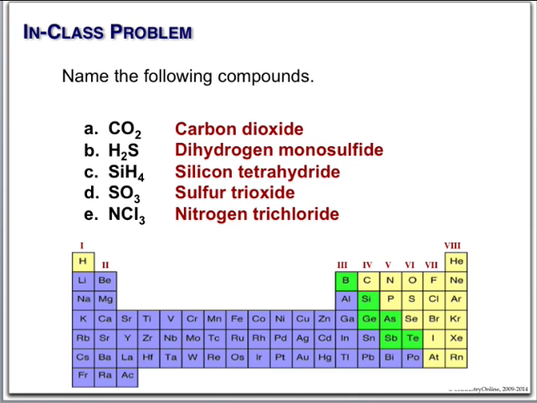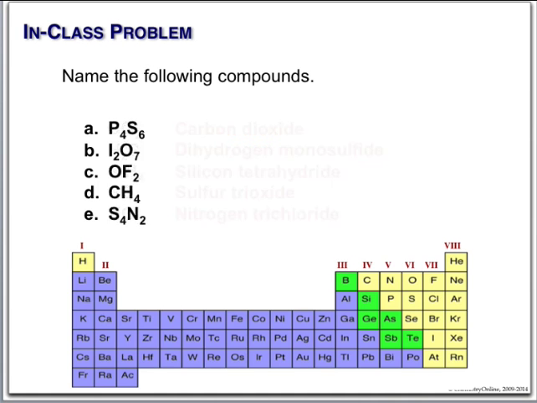Now you have to remember, let's go ahead and do another set. I've got another set here. Some of these are a little more interesting. Go ahead and just do these. Multiplier for 6 is hex, remember. Hexa.